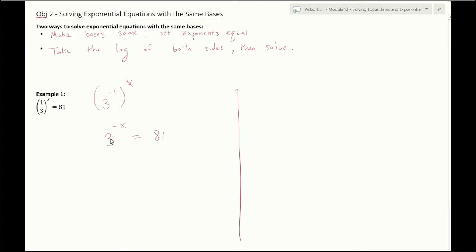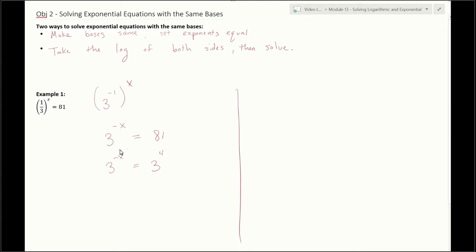Now, we have this as base 3, and we're not going to be able to change this very much. So we want to change 81 to be 3 to some power. So 9 times 9 is 81, so that means 3 to the 4th is 81.